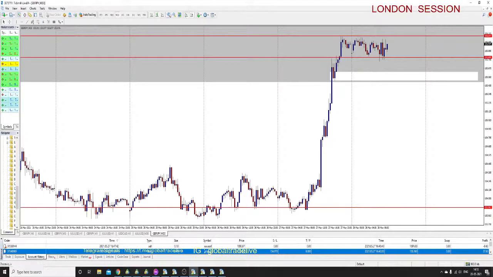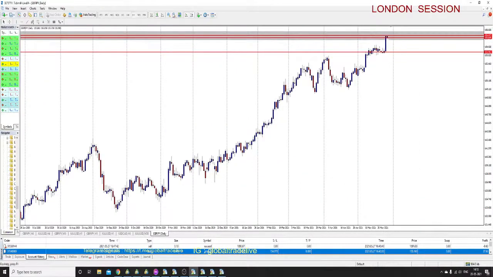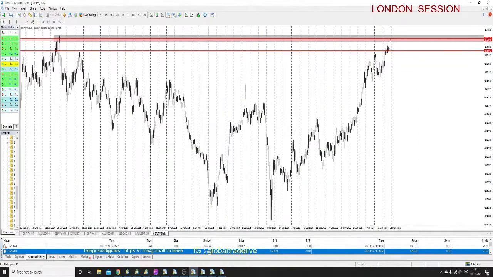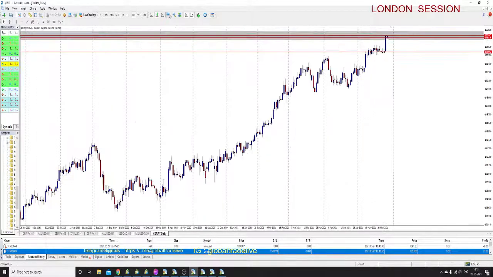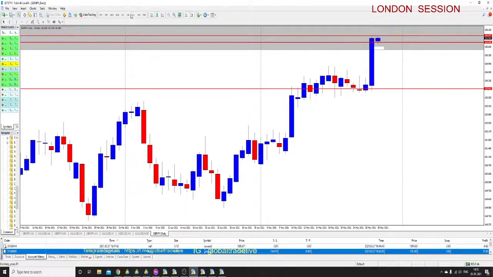But what I can see as a wick fill area on the weekly or the daily, I think it should be moving up at least to this last shadow area, around 40, 50 pips, and that's all we need for our trade.